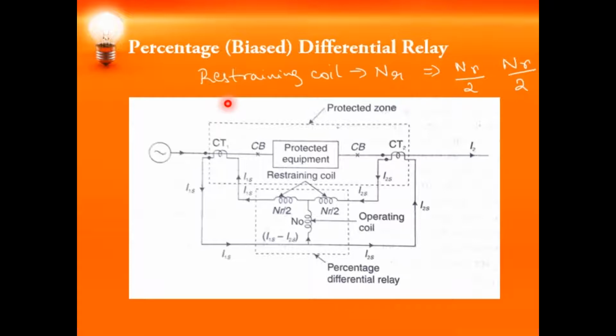We have considered the number of turns of the restraining coil as NR. Similarly, the number of turns of the operating coil we will consider as N0. So what is the torque? Torque is nothing but the ampere turns.